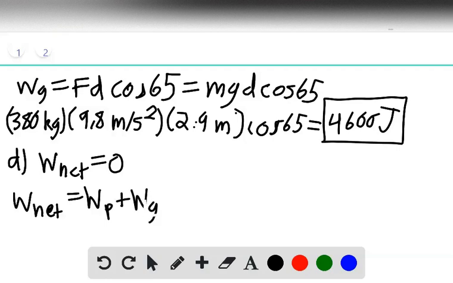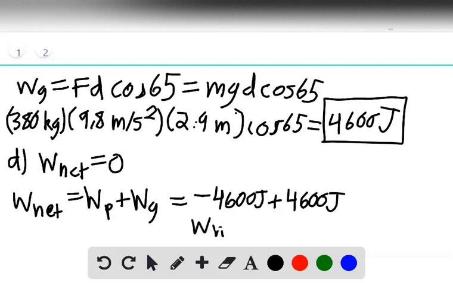And if you notice in the past two steps, we've gotten that those are equal to each other. So the work of the man is minus 4,600 joules, and the work of gravity is positive 4,600 joules. And there you go. W net equals 0 joules.